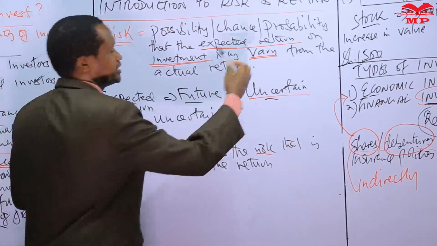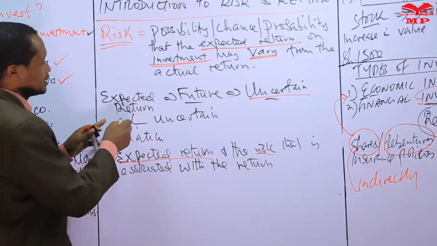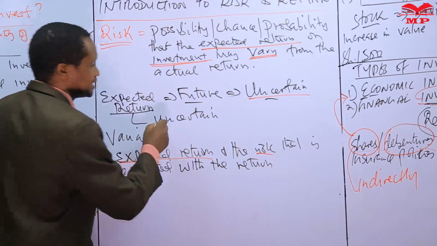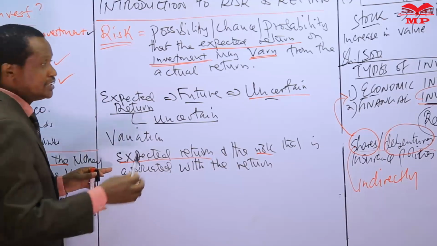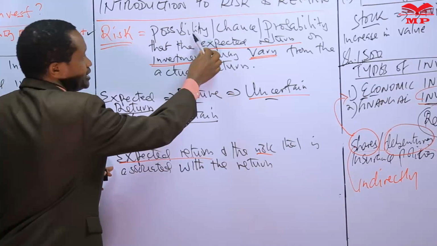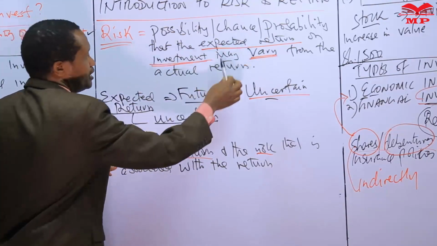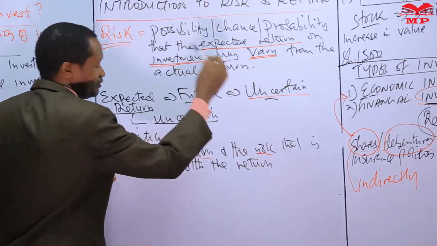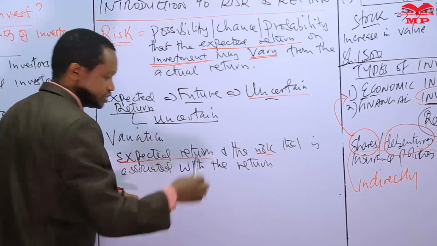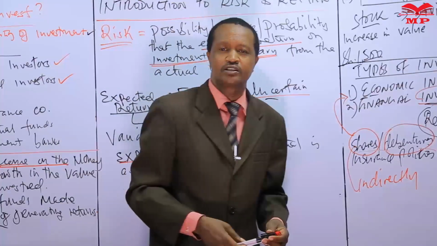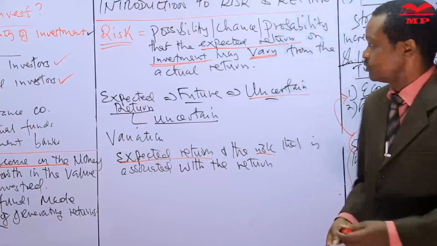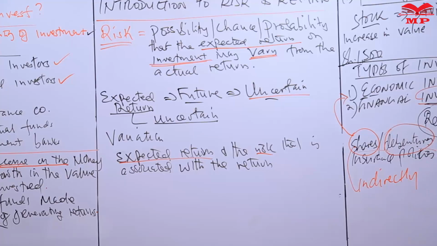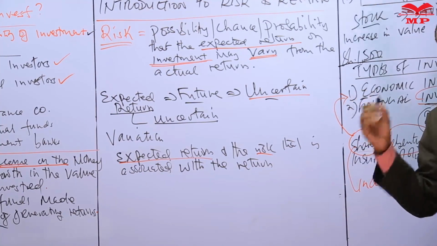And if the future is uncertain, then it means that the expected returns will also be uncertain, thereby leading to the possibility or probability that what you expect may not be exactly what you will receive, whether you are investing in economic assets or in financial assets. Whether you are buying physical assets, like motor vehicles, like buildings, there are always risks.